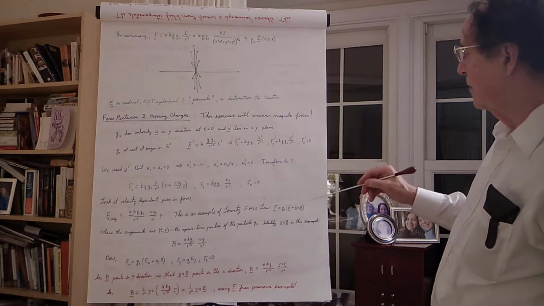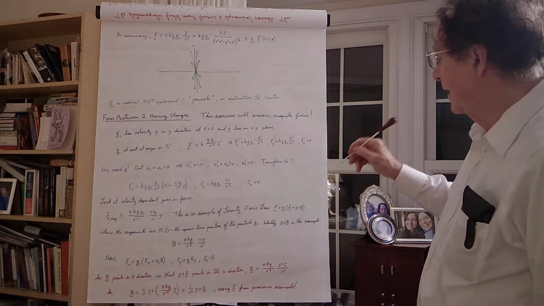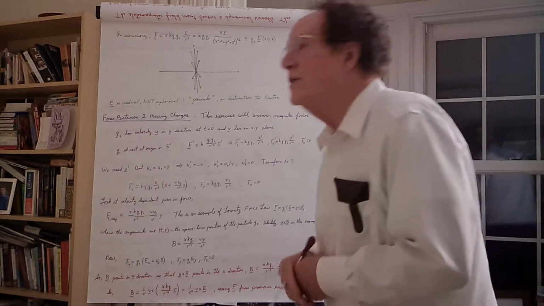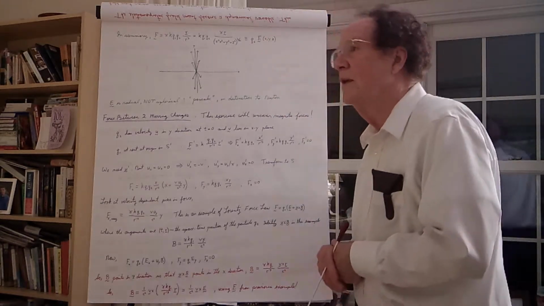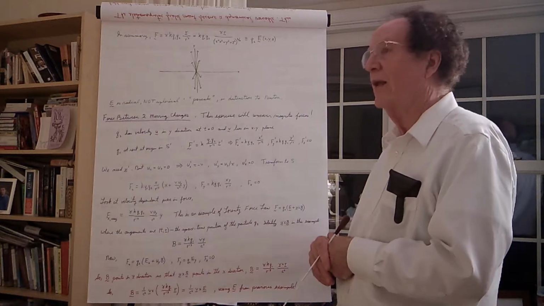the vector force is equal to Q2 times the sum of two terms, the electric field plus U cross B. Okay, the velocity of the particle in the frame S crossed into a new field that we're going to calculate, called the magnetic field.